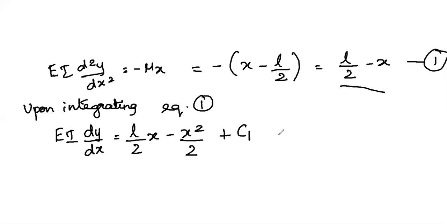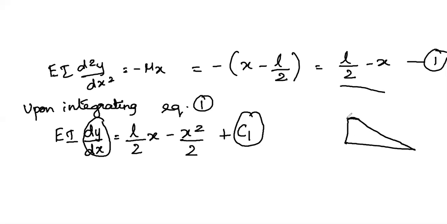To find the value of this constant, we should know some things. If we know the value of the deflection or slope at some point, you can find the value of this constant. This is your beam. This will be a flattened portion.